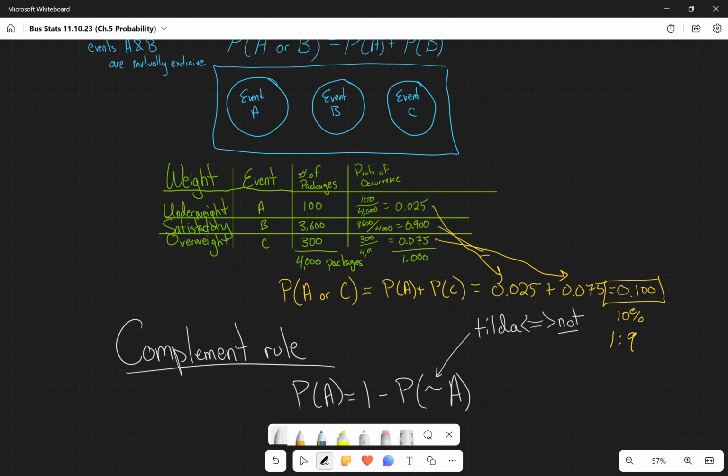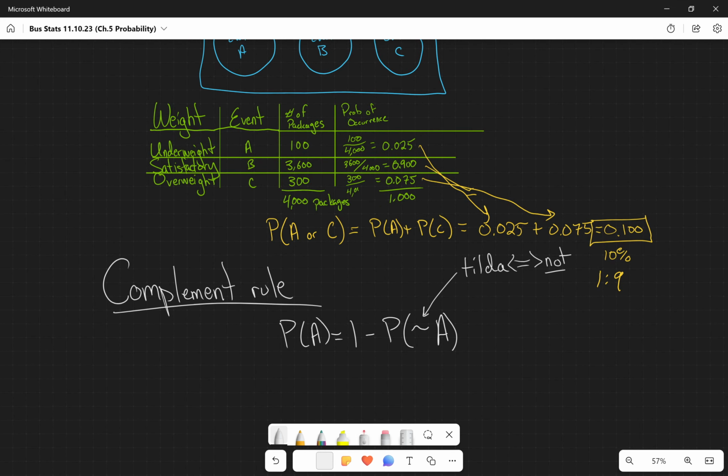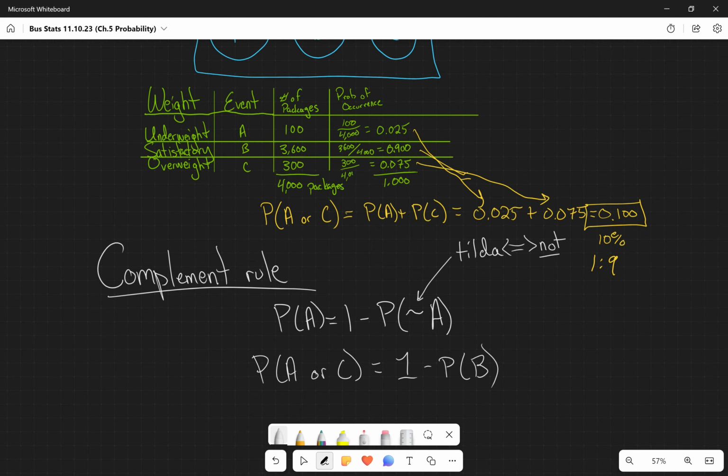And so the other way that we could figure out the probability of the packages being erroneous, being either overweight or underweight, right? The other way we could do this is we could say the probability of A or C is equal to 1 minus the probability of B. So this is going to equal 1 minus, and we know the probability of B is 0.9.